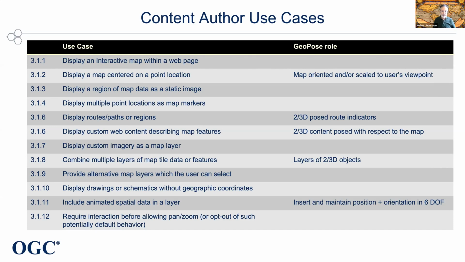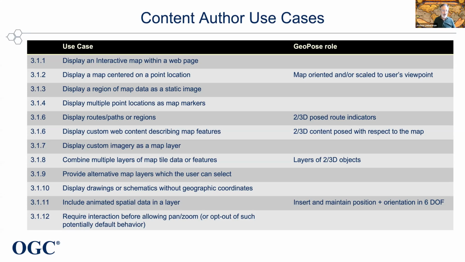And that extends then into creating layers by assembling those objects, which may be coming from many different places around the world, but using GeoPose, they can be placed relative to each other and within the extent of a map layer.